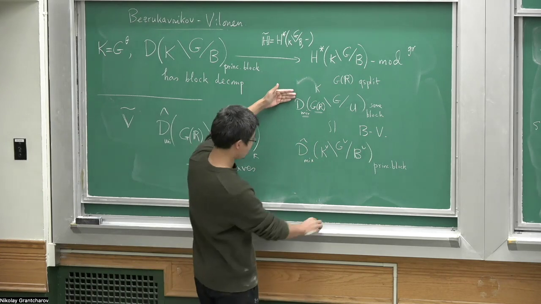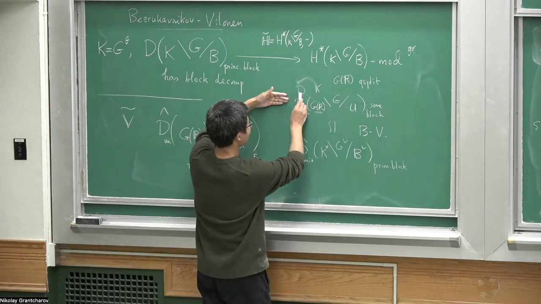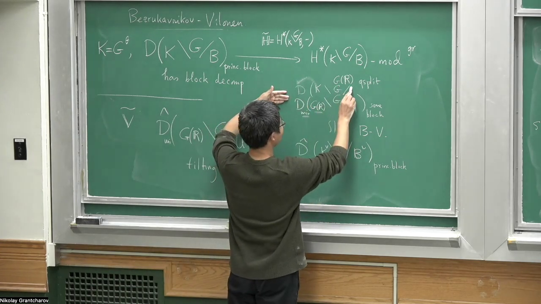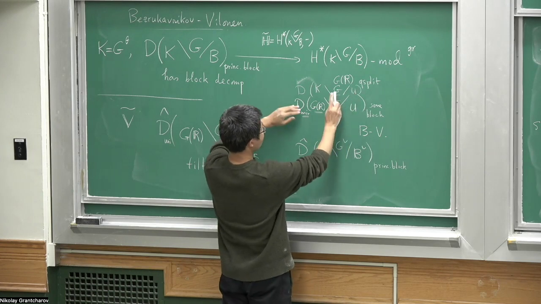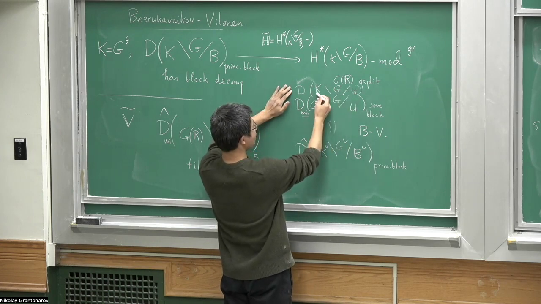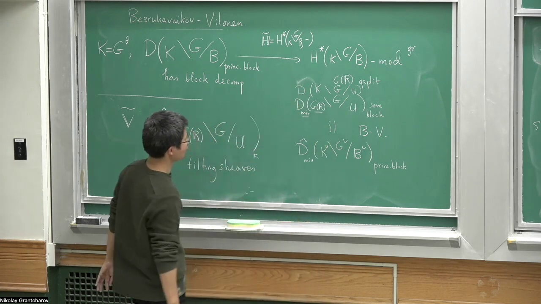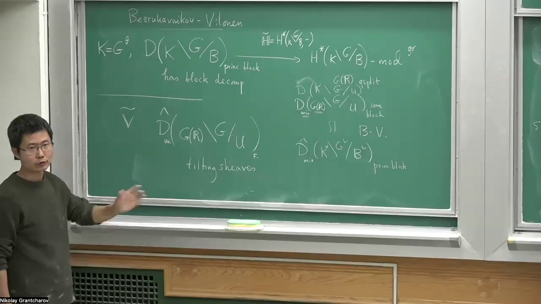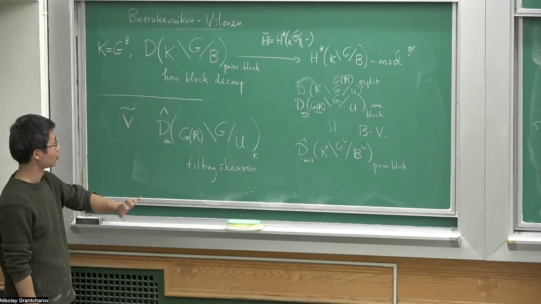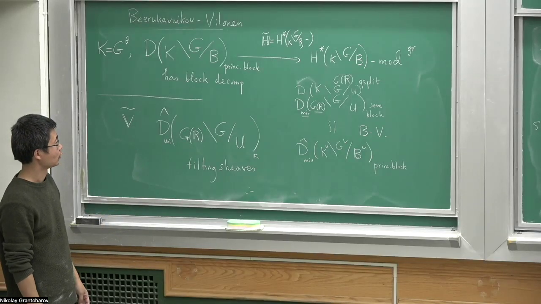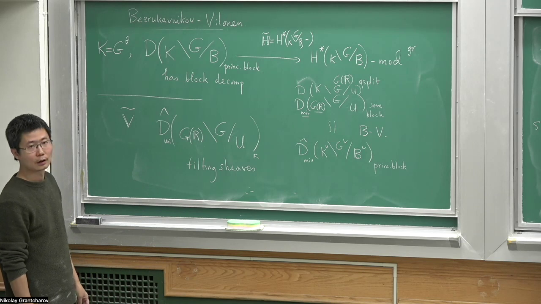Matsuki is on the G side, relating, so you don't change the group, you just change K to G_R. So this is a kind of Radon transform from bigger orbits to smaller.